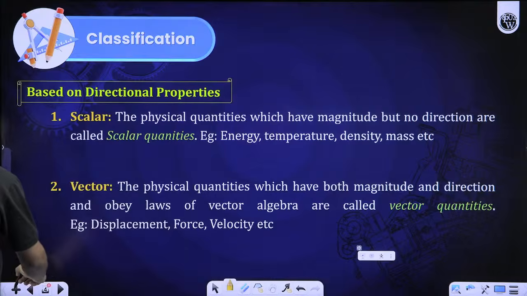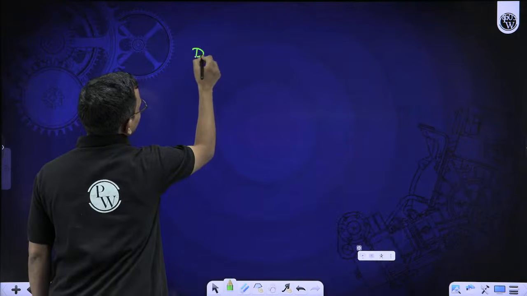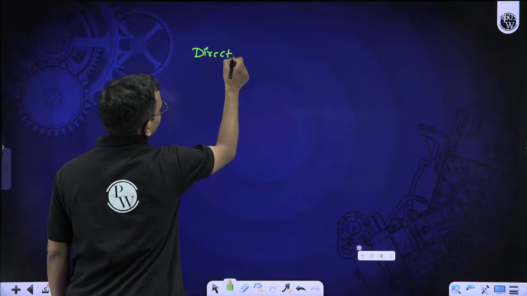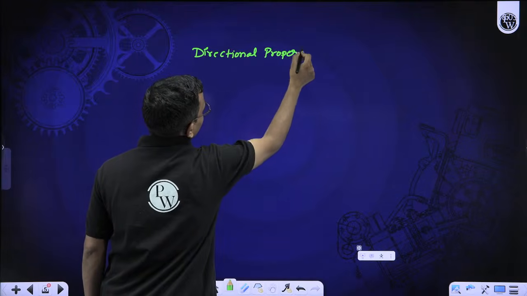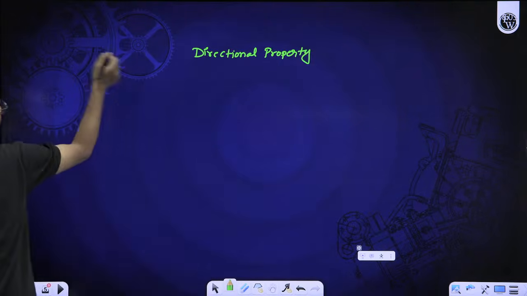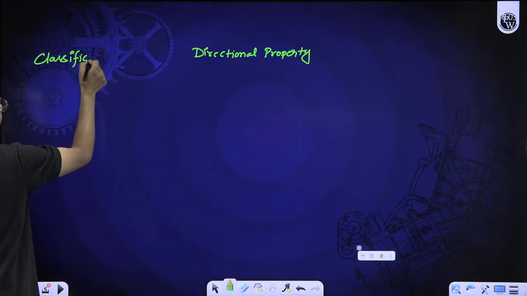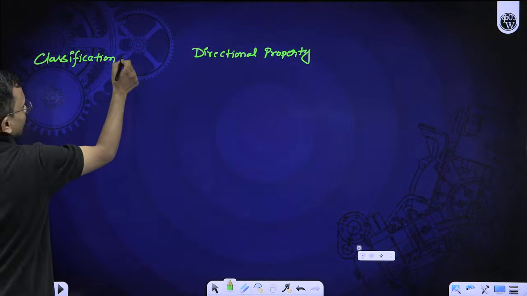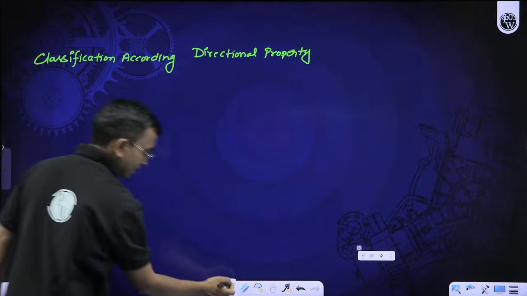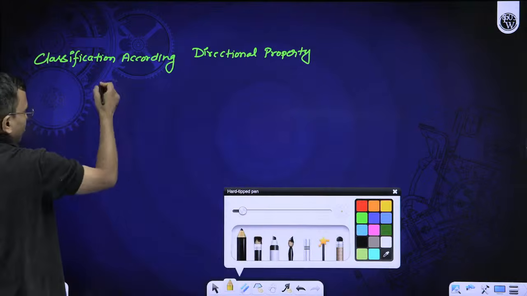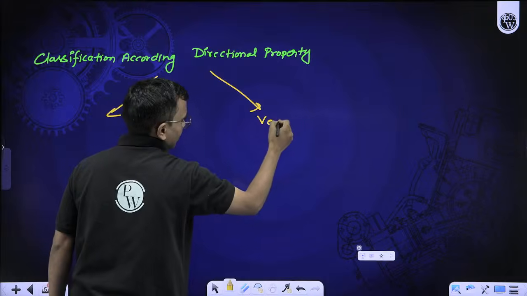So according to this classification, we have one scalar and another vector.